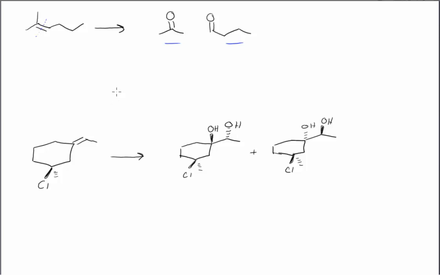So we need to do some cleavage, and that's going to be done with ozone and followed up with DMS as the workup here. So the first step is ozone, second step dimethyl sulfide. Remember that looks like this. And that reagent is used to ensure that we get aldehydes instead of carboxylic acids.